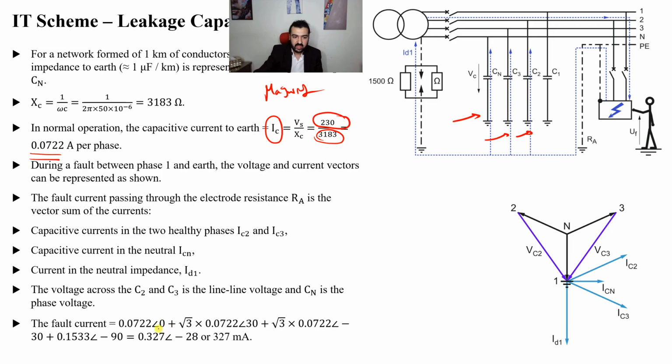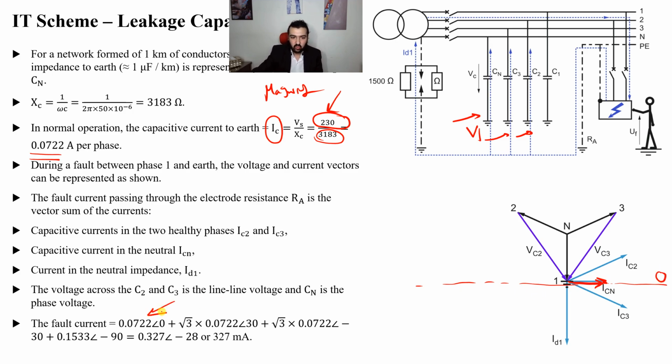So one has an angle 0. Which one exactly? ICN. So ICN is V1, which is the phase value, divided by XC. However, it has 0 angle according to this diagram which I have drawn. ICN, 0 angle. This is the 0 angle here.